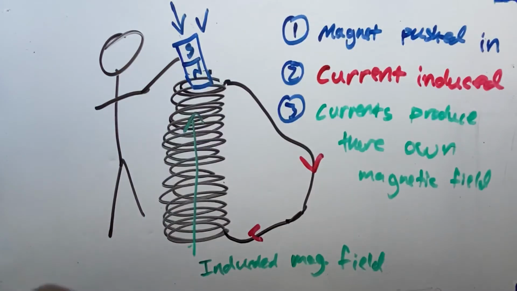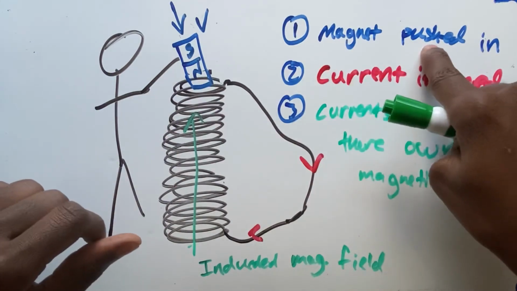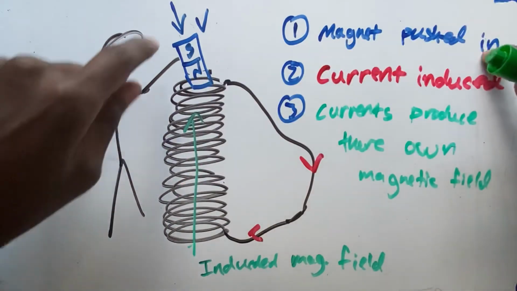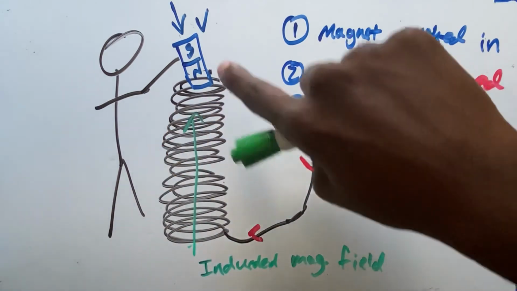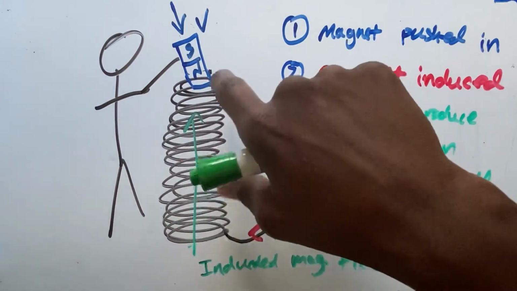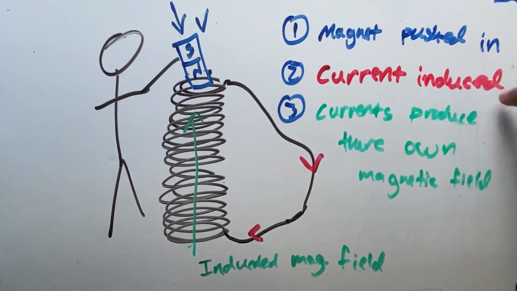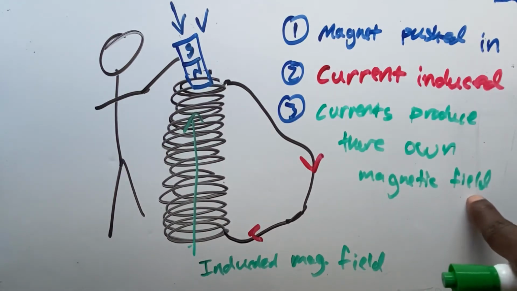So again, let me try to reiterate this. So we have a magnet. This magnet is being pushed inside of this loop here. Since this magnet is going in with some velocity, a current's going to be induced. So now, as this magnet is being pushed inside, there's a current being produced inside of this coil. Now this current also produces its own magnetic field.